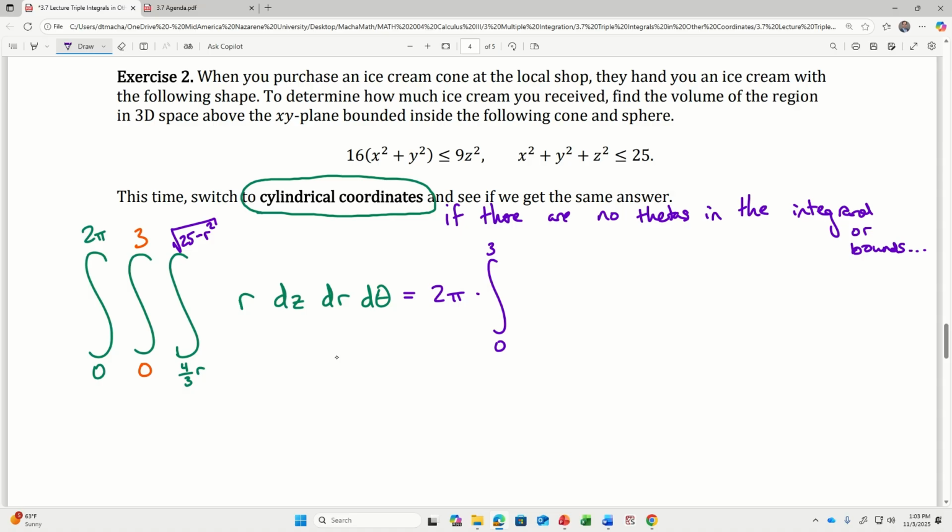I can't make that one go away because there is an r in both the integrand and the bounds. But I can pull the r outside of this integral from 4/3 r to square root of 25 minus r squared of 1 dz dr.